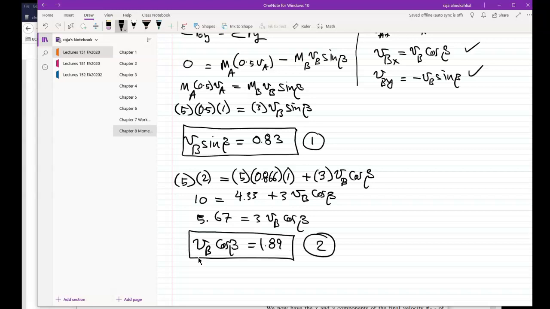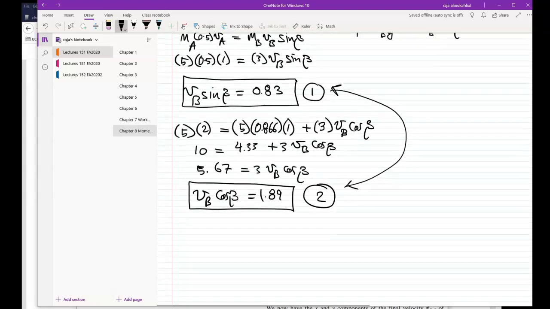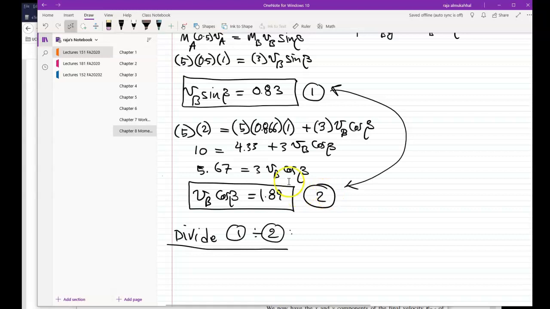So now look at this. I have equation 1 and equation 2, and I can solve them simultaneously. One kind of cool trick: divide 1 over 2, like this. The reason I do that, look what will happen.